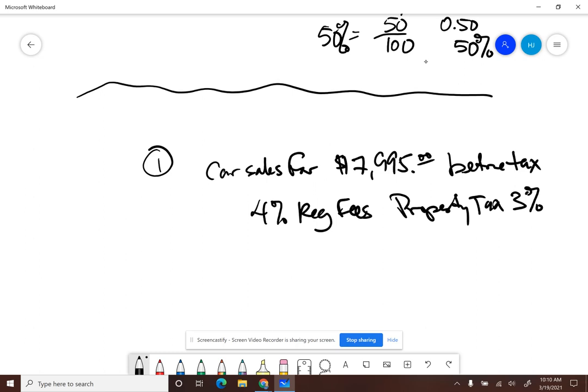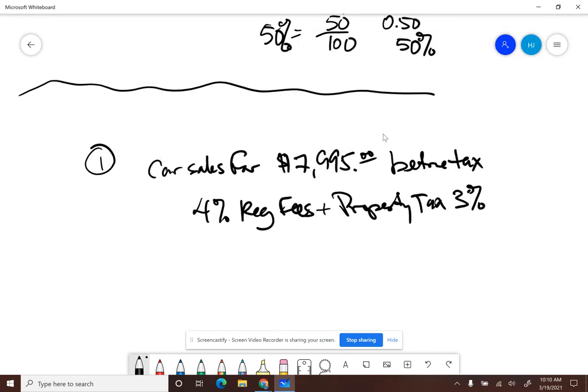So I could add those two percentages together, which gives me 7%. So again, I'm going to take this sales price of $7,995 before tax, and I'm going to have to multiply that times this 7% in order to figure out how much that's going to be.